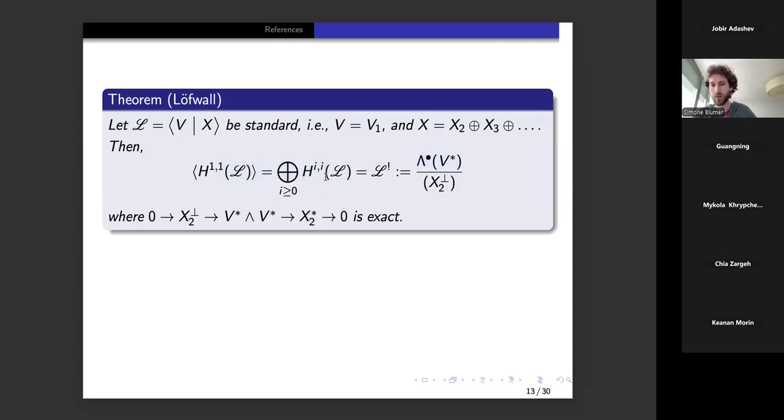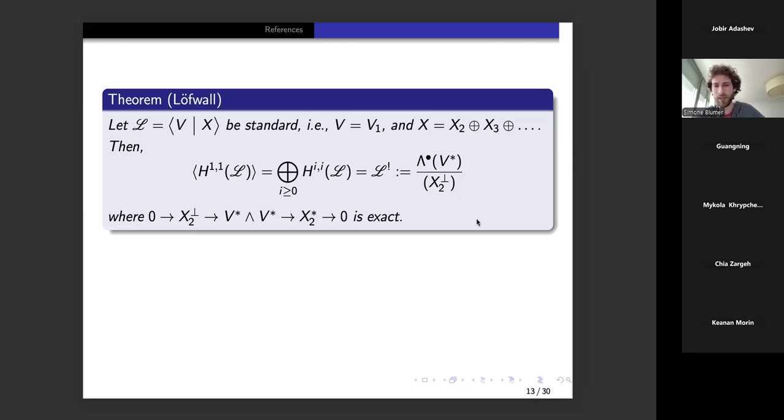Okay, and this is quite abstract so far, but he also gave an explicit reformulation of the diagonal cohomology in terms of the degree 2 component of the relation space. So the diagonal cohomology can be computed as the quotient of the dual of the generating space of the Lie algebra by the ideal generated by some orthogonal complement of the degree 2 component of the relation space.